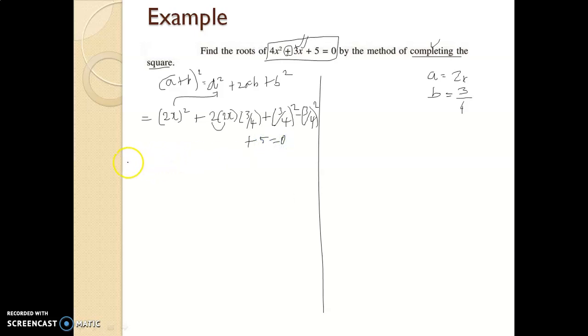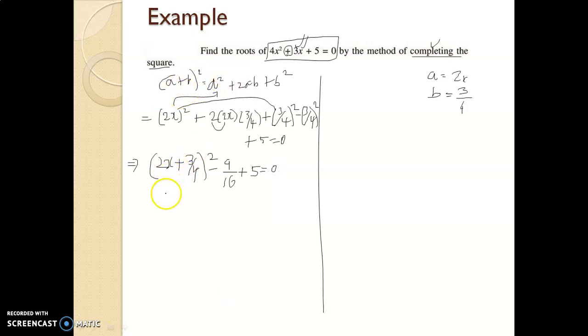Now simplify this. For the first three terms, we can write them through the formula, that is (a plus b) whole square, where a is 2x and b is 3 by 4. So (2x plus 3 by 4) whole square. What about the last two terms? Minus 3 by 4 whole square, that is 3 square is 9 and 4 square is 16, so minus 9 by 16, and the last term is plus 5 equal to 0.